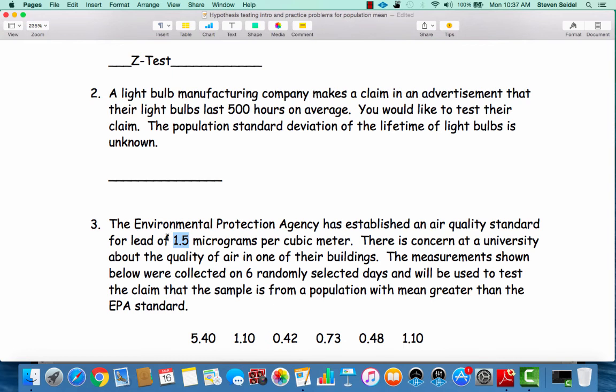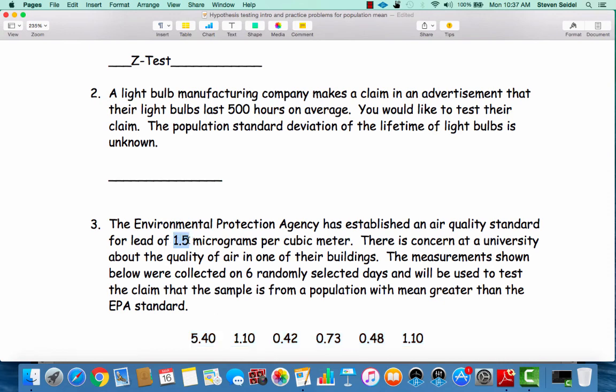This is our EPA's claim. I'm not worried about this yet, so there's no concern for you to be concerned about when you're writing the null and alternative hypothesis.